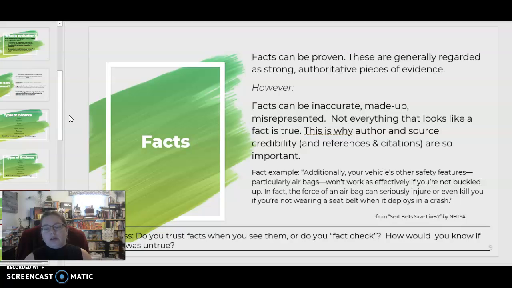So this is like the National Highway and Transportation Safety Advisory. That's the source of this. So I would trust this fact. Right? That the force of an airbag can seriously injure or even kill you if you're not wearing a seatbelt. I'm not sure that I would trust this fact if it were just posted on a blog somewhere without a reference. So you have to be careful about facts and make sure that they are facts indeed.